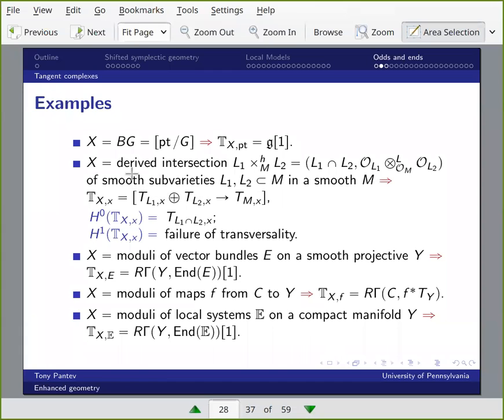Another example that you can easily visualize is if you take a manifold, say M, and you take two smooth submanifolds, L1 and L2, in it, and you intersect them.